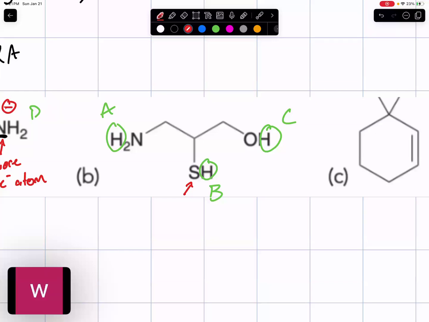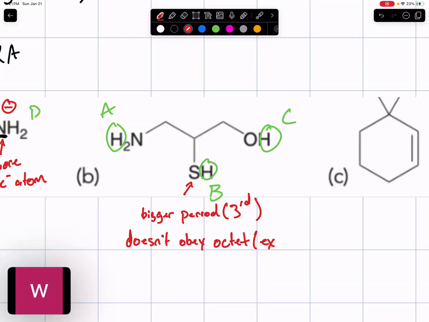So what I'm trying to get at is S is in a bigger period. It's in the third period, right? And because it's in the third period, it doesn't have to obey the octet rule. So first of all, it doesn't have to obey the octet rule. It's what we call an expanded octet.